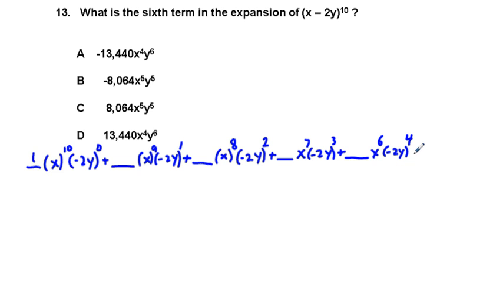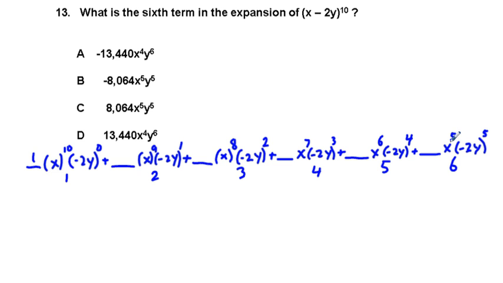And then our sixth term is going to be some coefficient times x to the 5th, and we have this negative 2y to the 5th. So let's count them: 1, 2, 3, 4, 5, 6.